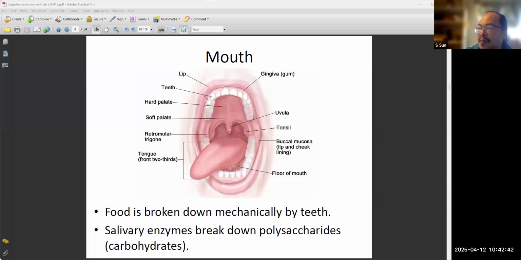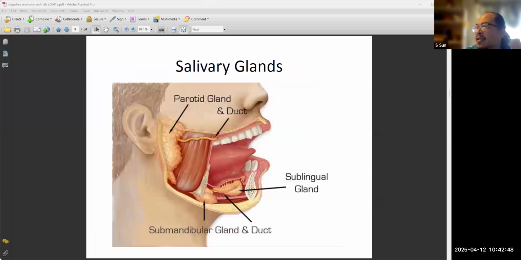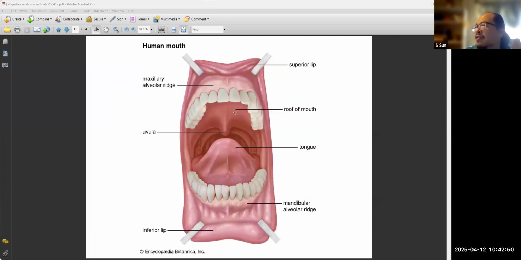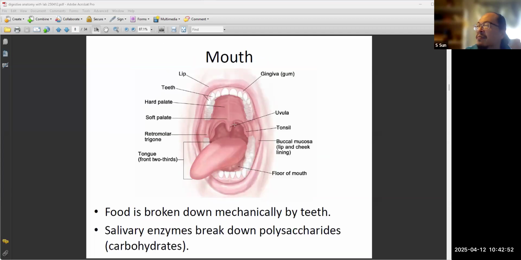This one stops the passage from your mouth into the nasal cavity, nasal passage. We don't have a slide there, but it blocks it. I think we talked about that in our respiratory system. Here is the tonsil. We also talked about that. Hard palate, soft palate, and then tongue.